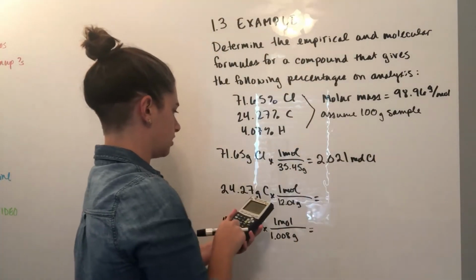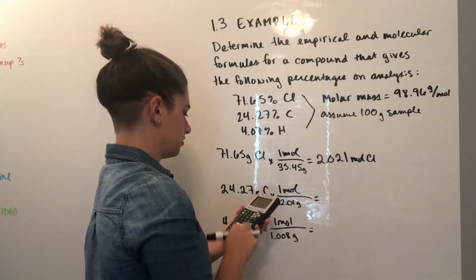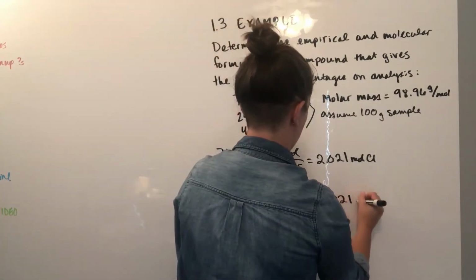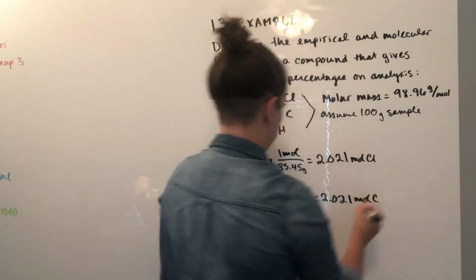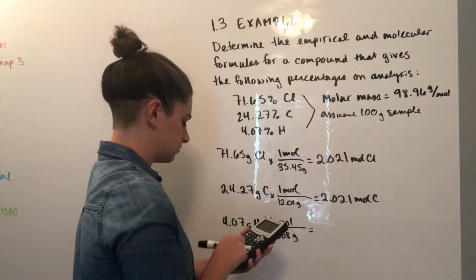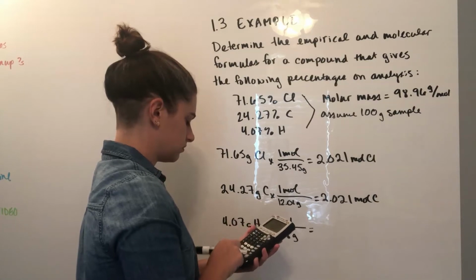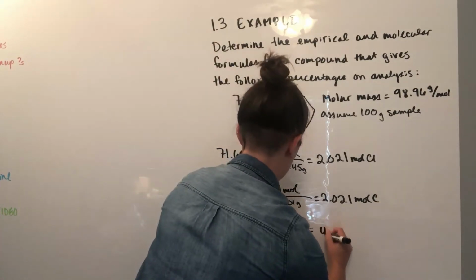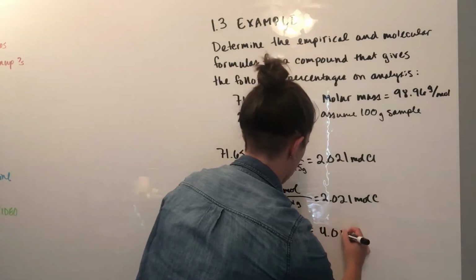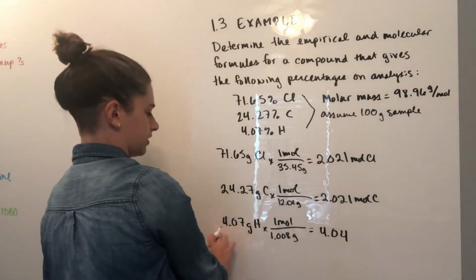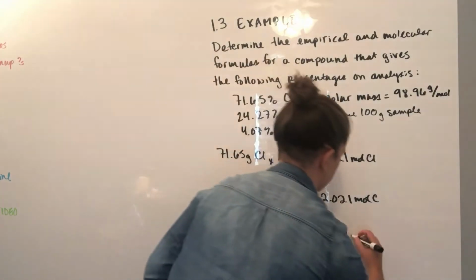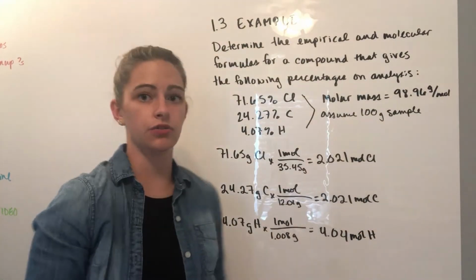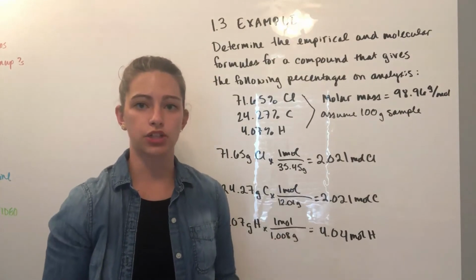I'm going to do carbon, which gets me 2.021 moles of carbon as well. And then hydrogen, I get 4.04. I'm only going to keep 3 significant figures because I've only got 3 here. Moles of hydrogen.